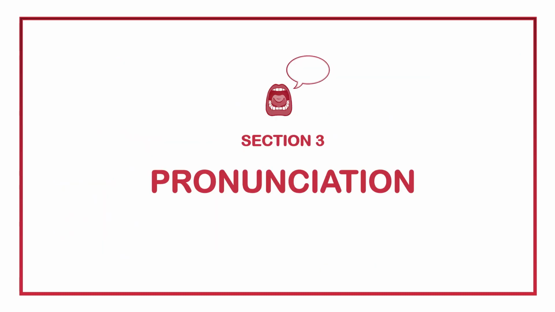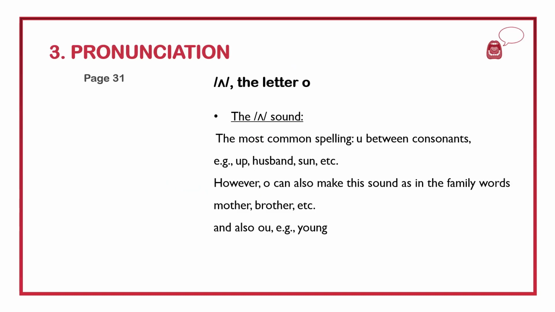Section 3, pronunciation. So in this pronunciation section, we have a sound, and the sound is a very short sound, and we also have a letter O, which we will talk about in the next slide. But let's focus on the sound for now.